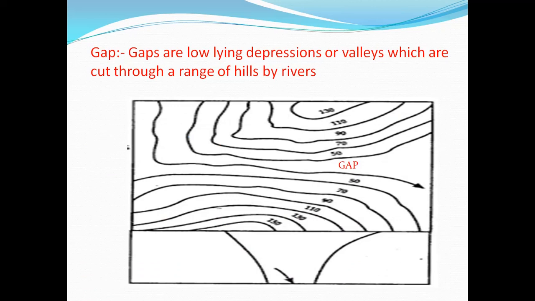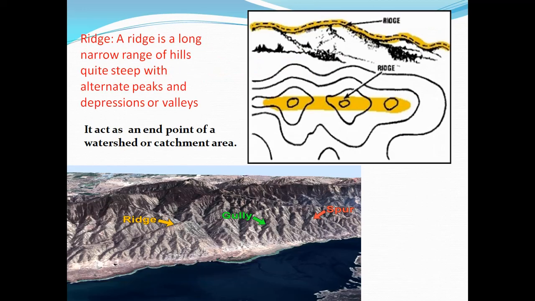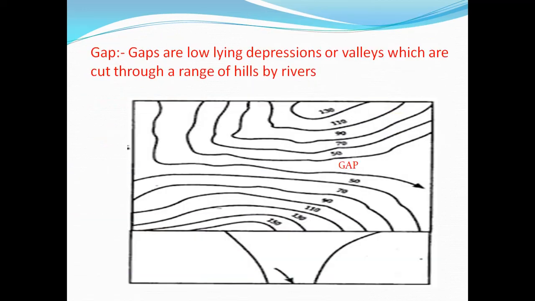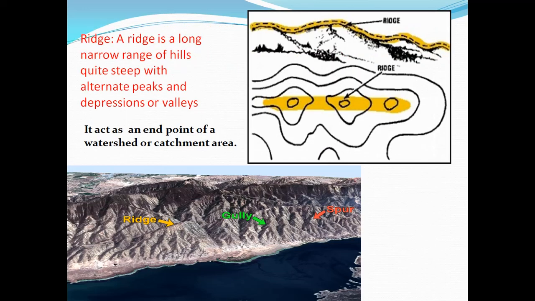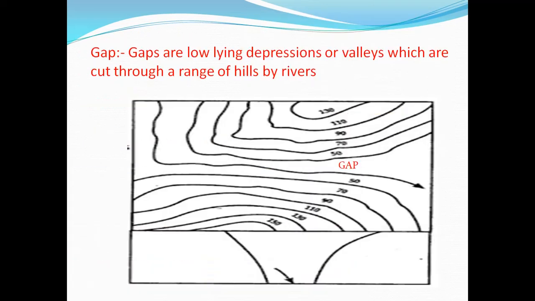A ridge is an end point from where water flows down, and gaps are the depression areas where it makes a cut between two hills.